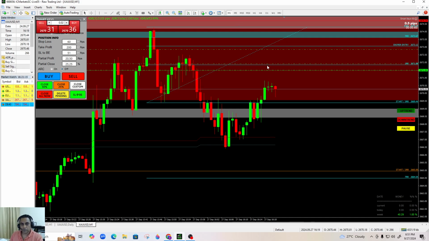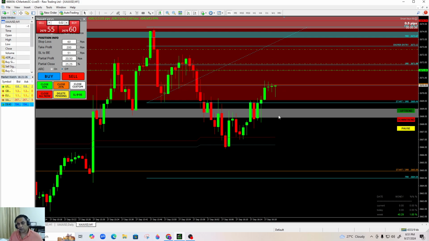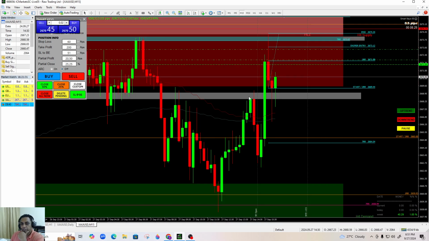So now, if price gets in here and does turn and goes in our favor, then M15 candles need to close below this. I say M15 because today is Friday and there is less volume today.